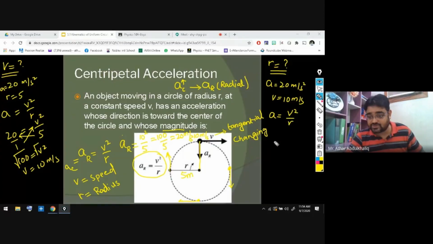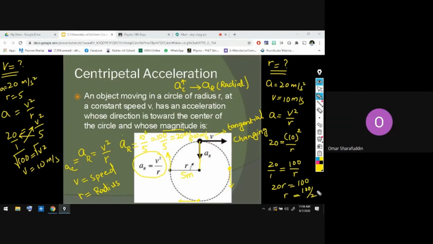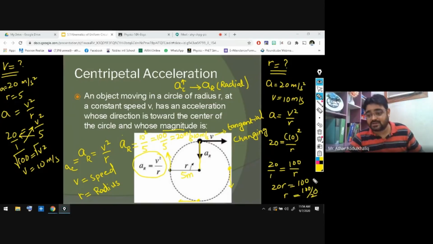Substitute the values: 20 over 1 equals 100 over r. Cross multiply, 20r equals 100. Divide by 20 on both sides, r equals 100 over 20, which is 5. Sorry, 5 meters. r is equal to 5 meters.